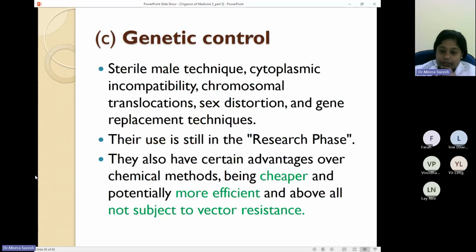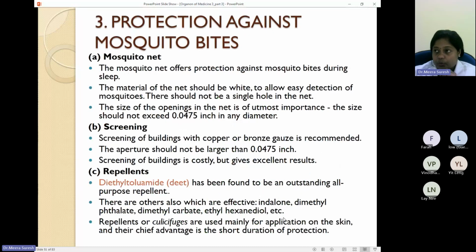Research phase is of course going to be costly, but once it is introduced, it will be running for a longer time. So then it can be considered a cheaper one. And above all, not subject to any vector resistance, but still it's only in the research phase.